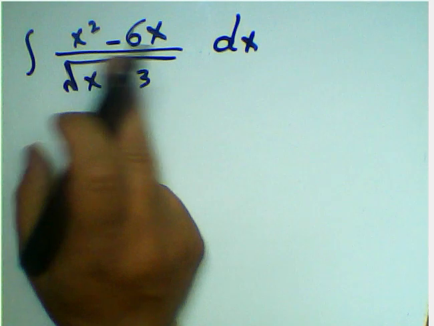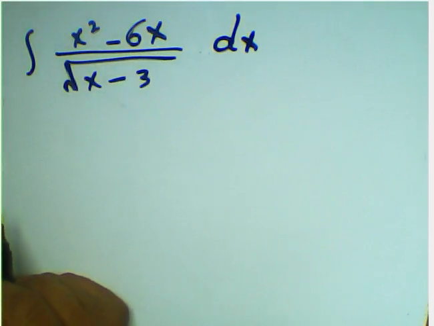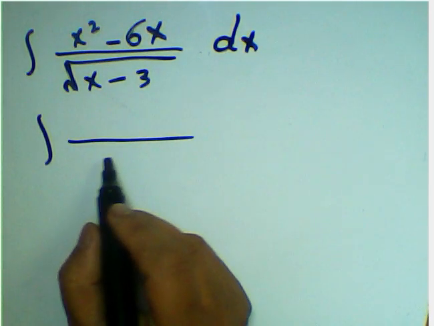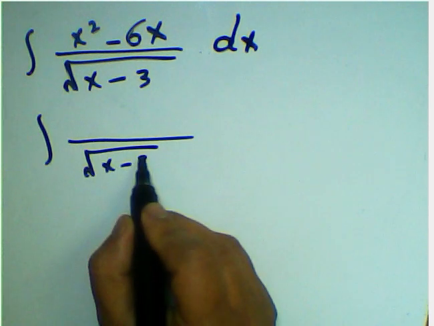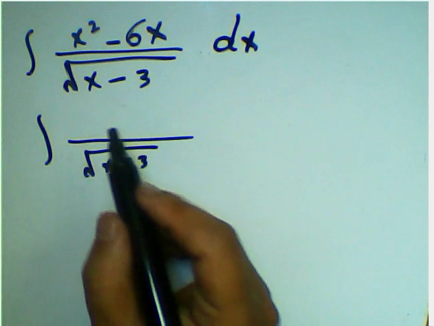We can think about this function here, x to the power 2 minus 6x. Who can tell me this function here? We can write this function as x minus 3, and we must add a number and divide it. We can write it what?